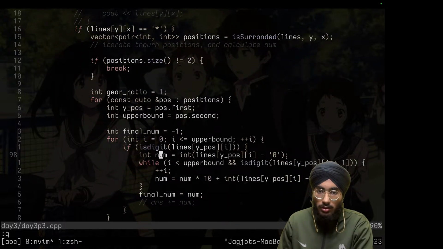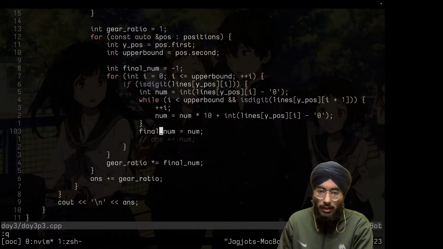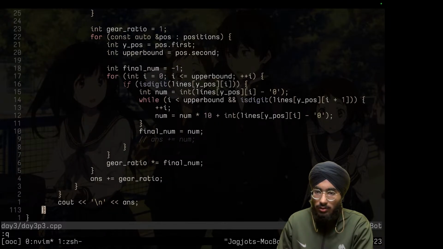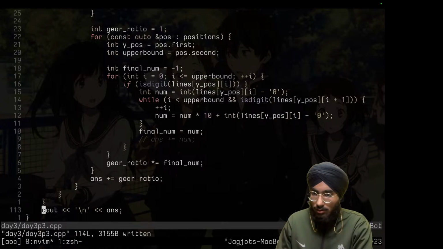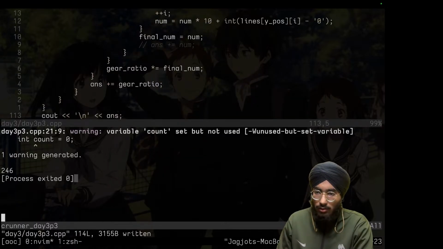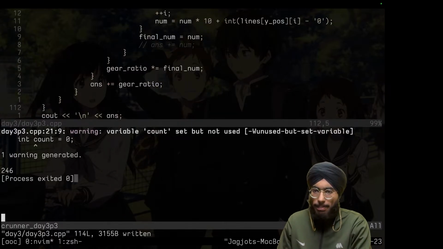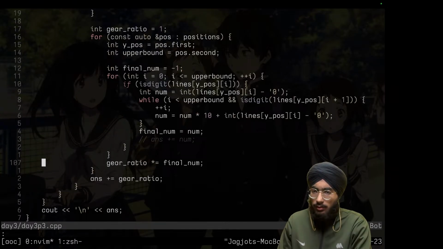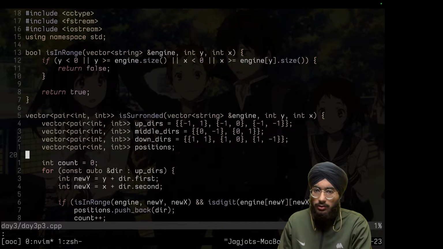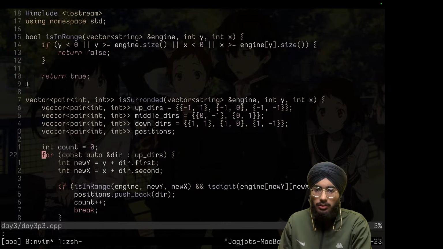Gear ratio. Okay, cout and answer. That can't be. Count is made but never used.